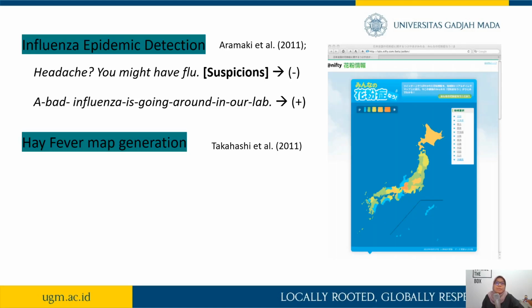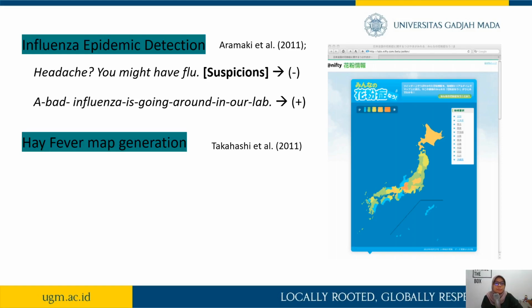Alright, the other work from Aramaki et al. in 2011 about influenza epidemic detection is probably quite related to the current COVID-19 pandemic situation. They're trying to create a model that could classify tweets into 2 different classes, positive influenza and negative influenza.